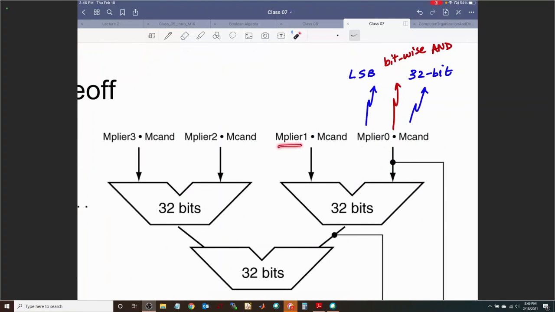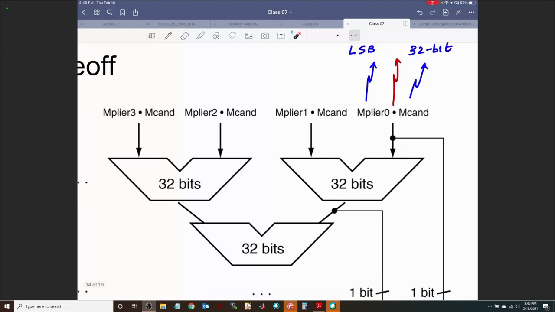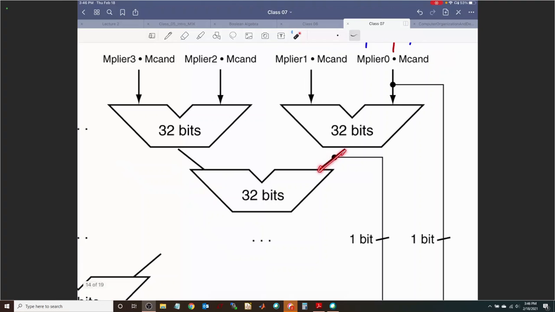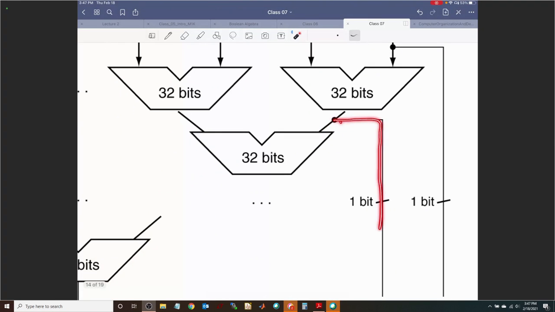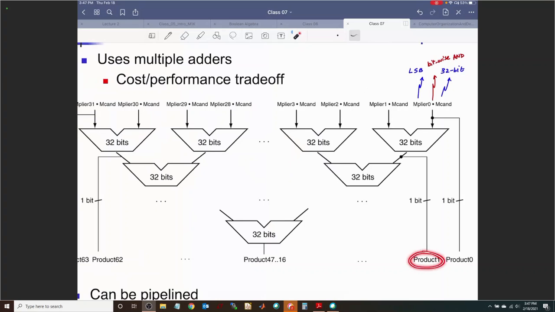The next most significant bit of the multiplier gets bitwise ANDed with the 32-bit multiplicand, and you get a 32-bit value over there. These two get added and a 32-bit result comes out over here. When that comes out, you can get the least significant bit of that result and get your product 1. And similarly, you can keep doing this.